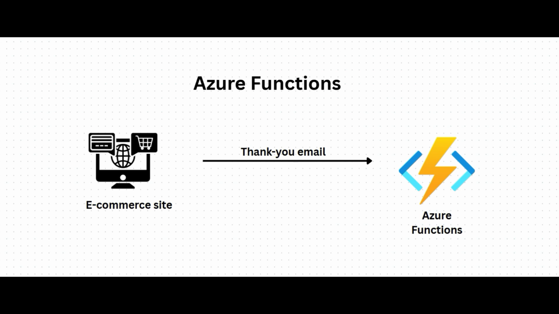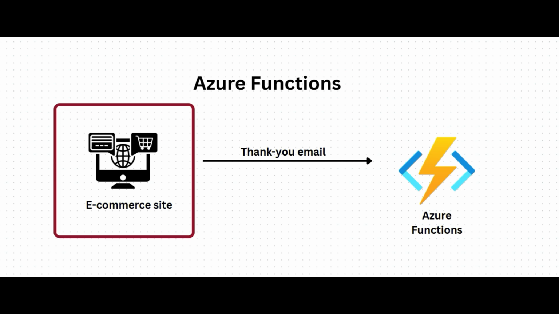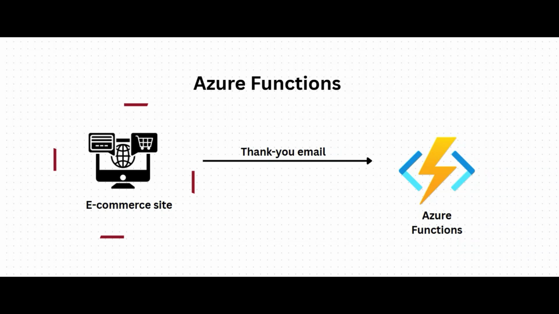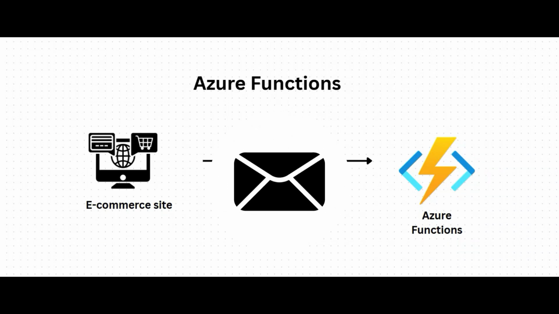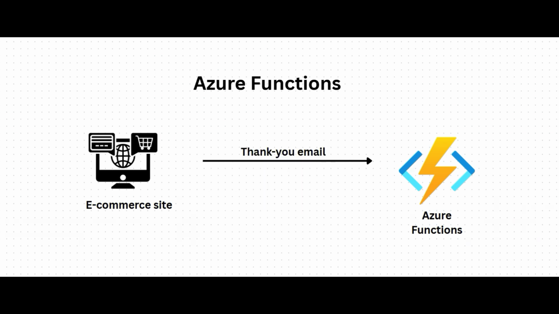So imagine you are running an e-commerce website and you want to send a thank you email every time someone places an order. Instead of setting up a whole backend, you can just write a small Azure function that runs when a new order is placed and sends an email to the customer. So no need to manage a server, deploy full apps, or worry about scaling. Azure takes care of everything. So in this way, these Azure Functions work.